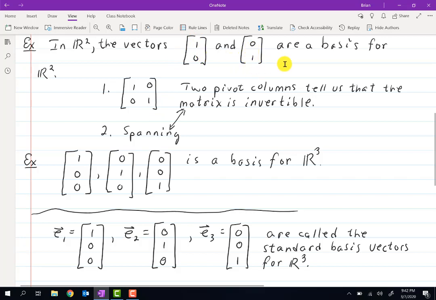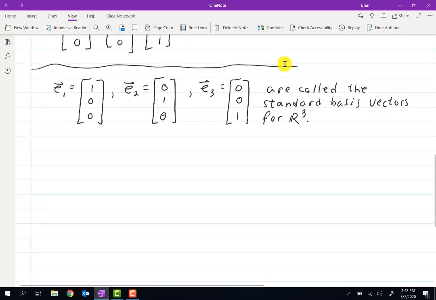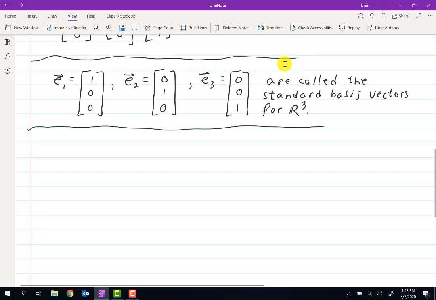And it doesn't take much to imagine what would happen for R3, or for Rn, where n is unknown. We have E1 equals 1, 0, dot, dot, dot. So 1 with all zeros.